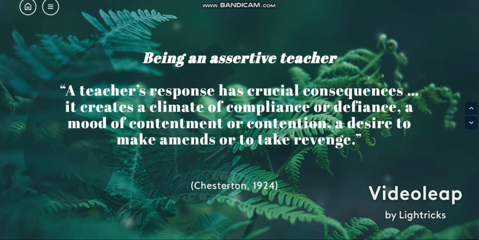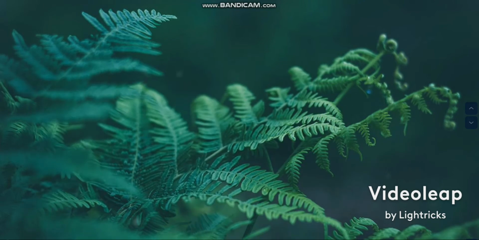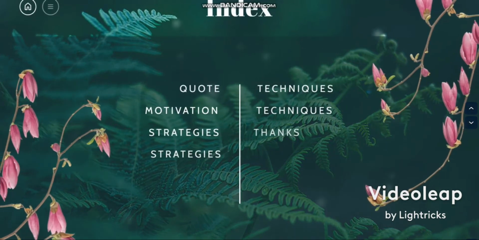So it means that being an assertive teacher is not only conducting the lesson, it's also paying attention to students and how to teach them, how to motivate them, and how to engage them in the classroom, in the lesson.